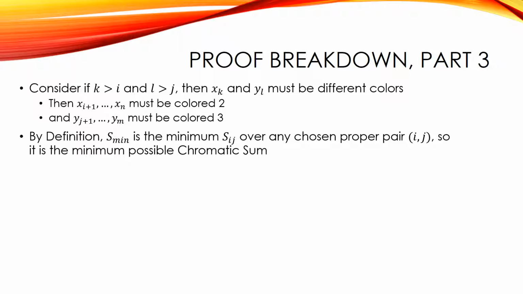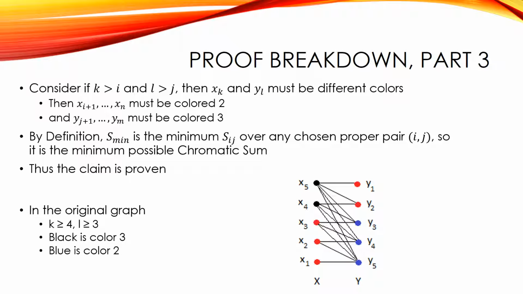Then by the definitions that we laid out earlier, S sub min is the minimum S sub ij, which is the minimum coloring over any chosen proper pair ij. So it is the minimum possible chromatic sum. So this just follows from definition, and the claim is then proven.